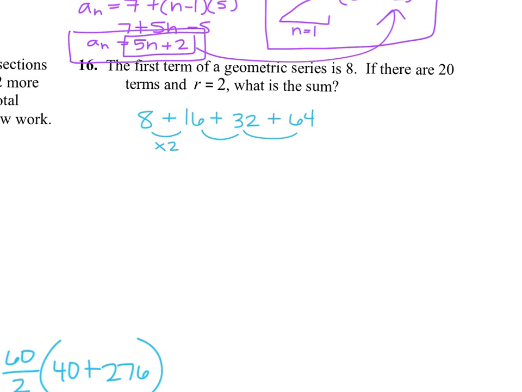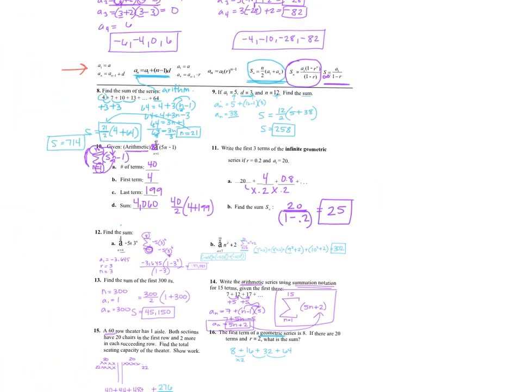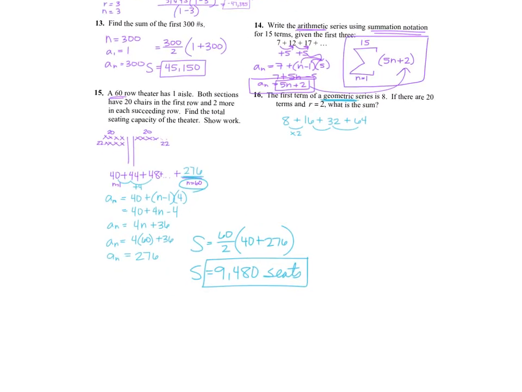Don't do that. But what I would do is we're trying to find the sum of a geometric series. Okay, so you're using the sum formula, this guy up here, of a geometric series.